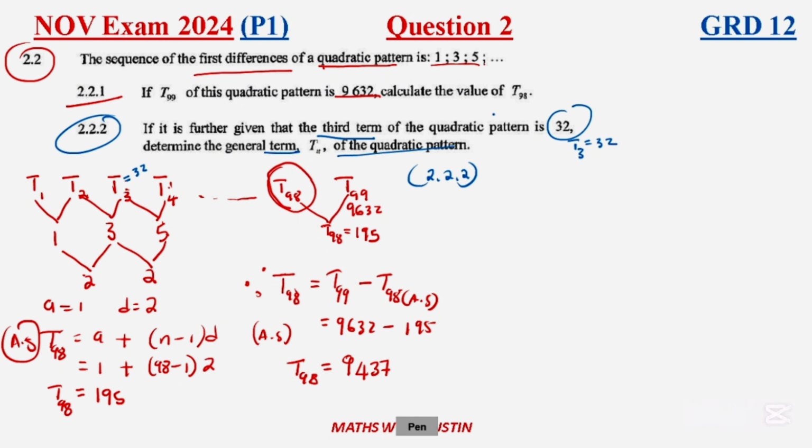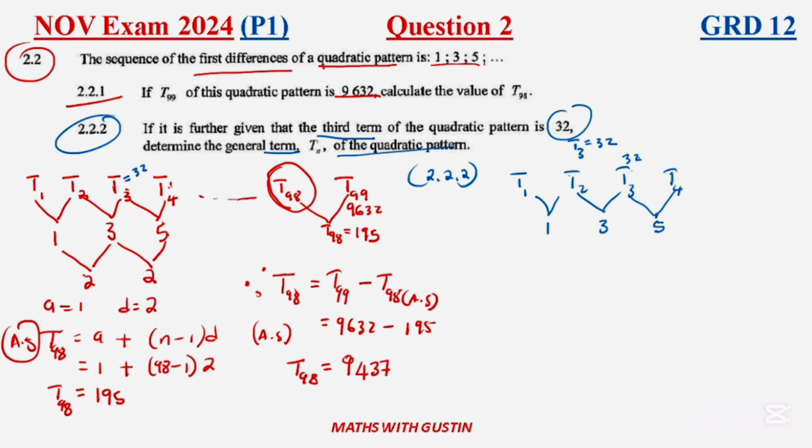Okay, here we go. Let's see, T1, T2, T3, and therefore T4, and then we're summarizing this now, gives us 1, T minus DT gives us 3, therefore this minus that gives us 5. Now they've given us this one here, 32, so 32 minus 3 should give us term 2.